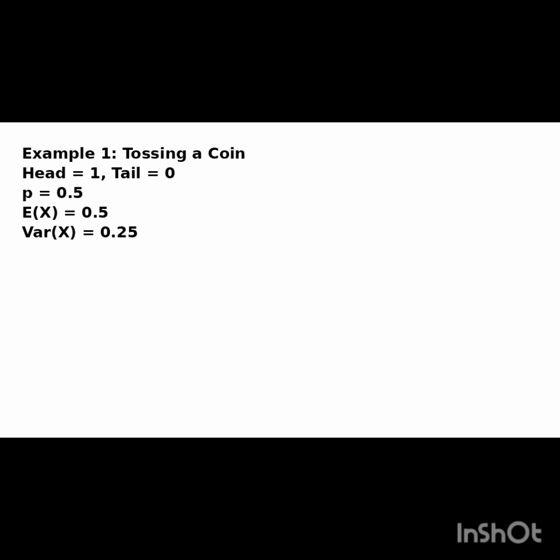If head means success, then it is 1. Failure, if tail, 0. So probability will be 0.5. Mean will be 0.5 and the variance, using the formula, will be 0.25, that is P into 1 minus P.